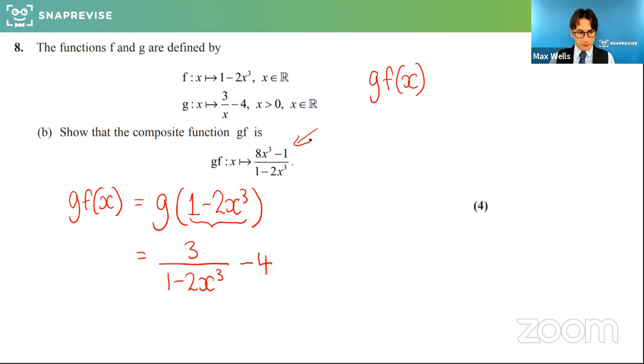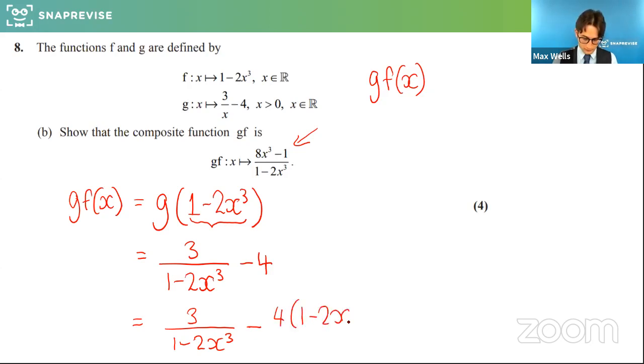The way we can deal with the 4 is to think of fractions and common denominators. Hopefully we're happy that 3 over this, 1 minus 2x cubed, minus 4 would be like 4 lots of that thing over itself, to give us the common denominator so we can combine it as a single fraction.